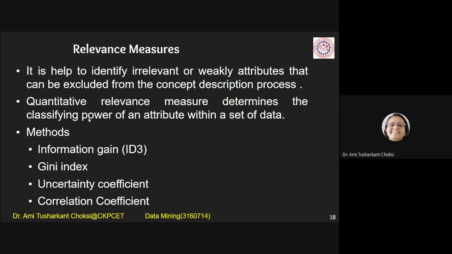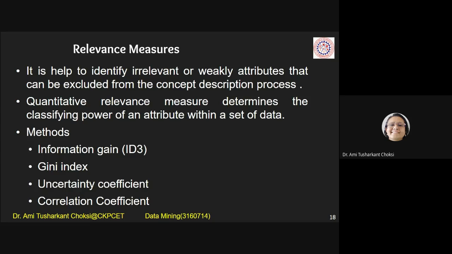Quantitative relevance measure determines the classifying power of an attribute within a set of data. Now, these relevance measures are information gain, Gini index, uncertainty coefficient and correlation coefficient.